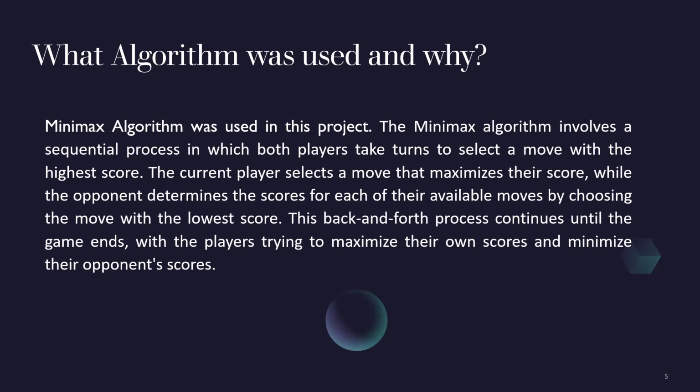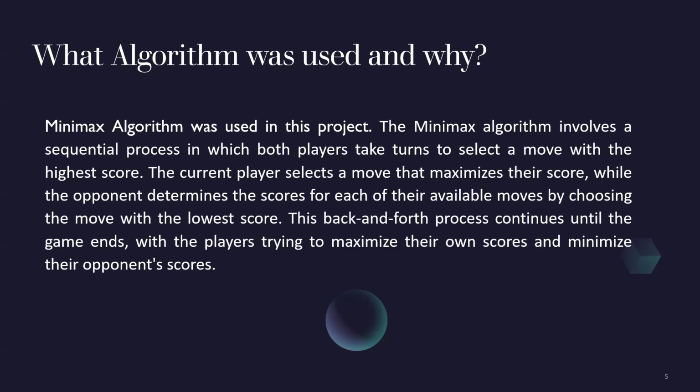After simulating each possible move, the algorithm assigns a score to each move based on the outcome of the game. If the current player wins, the score is assigned a positive value. If the opponent wins, the score is assigned a negative value. And if the game ends in a draw, the score is 0. Finally, the algorithm selects the move with the highest score if it is the player's turn, or the move with the lowest score if it is the opponent's turn.